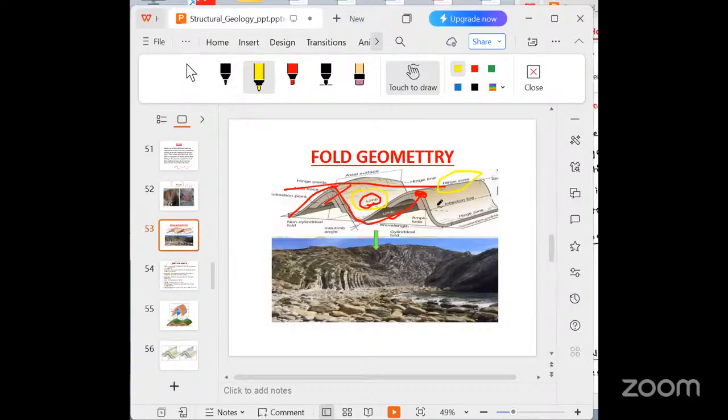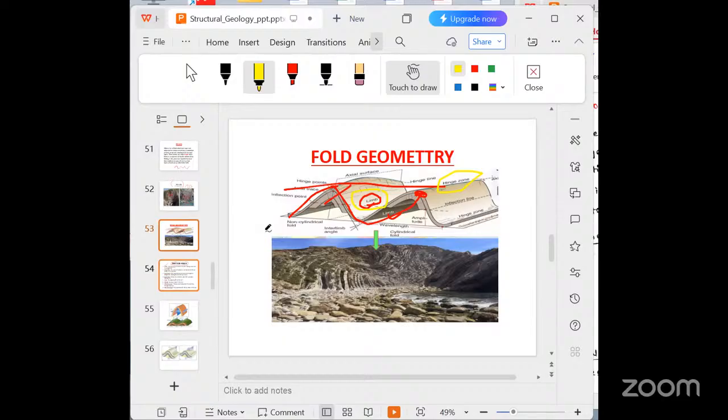Sometimes the maximum curvature of the fold is not at a point, but in a zone called the hinge zone. This hinge zone is a region where the dip of the folded surface changes over a small distance. Such a region is also called a fold closure. So this is the hinge zone.